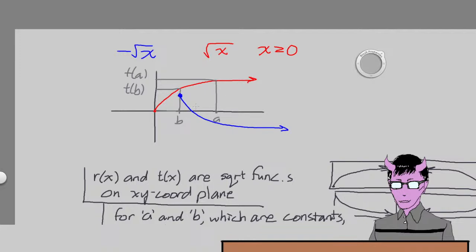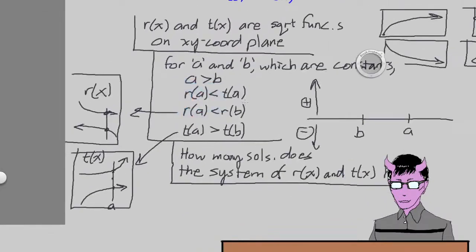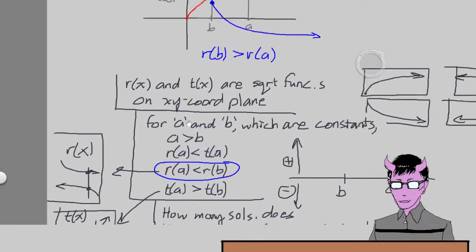So can we satisfy the situation? Yes, because right here the r of b is indeed greater than r of a. So if we input b into our r of x, it leads to this y value, and then if we input a into r of x, it leads to this lower y value. So that would satisfy this particular condition.